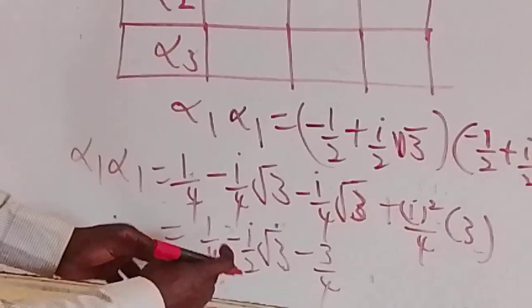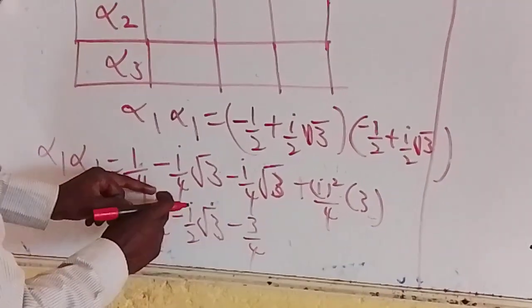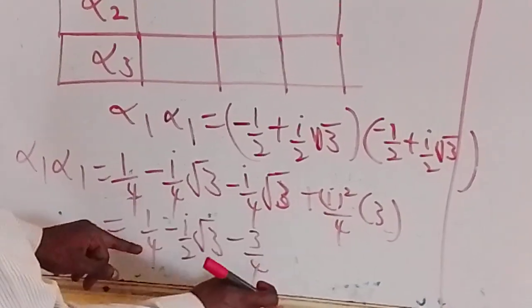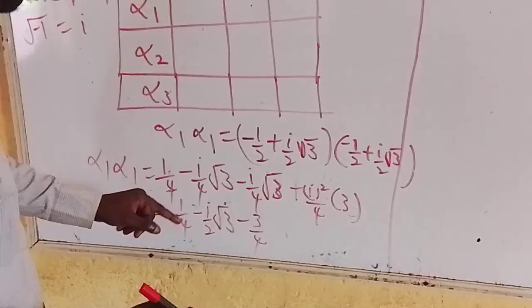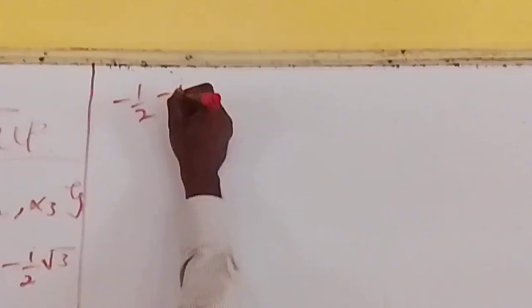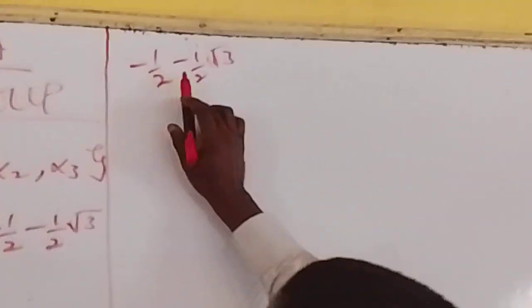So when you collect the like terms, this is an imaginary number, we leave it behind. We collect the like terms. 1 over 4 minus 3 over 4 will give us minus half. So the result of this will give us minus half minus I over 2 root 3.